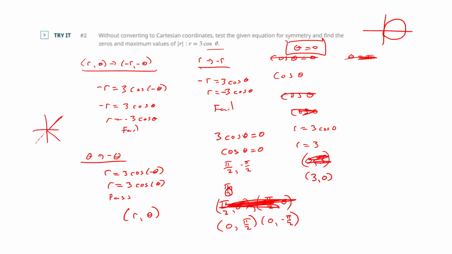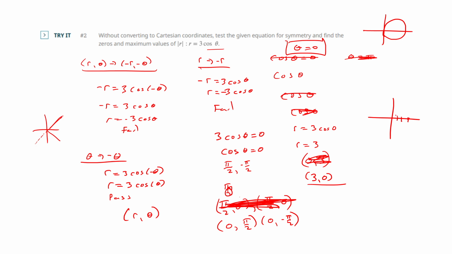So I've solved for 0 here, and I found the values pi over 2 and negative pi over 2. Those are like my intercepts. Now, how about the maximum value? The maximum value here would occur when cosine is 1, so that gives me an r of 3. So here are the points that I have so far.